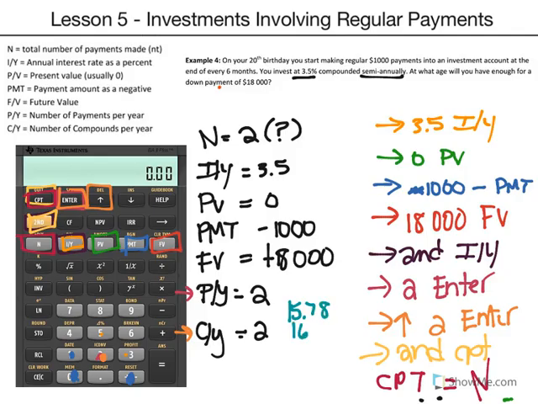So roughly 16. And what that means is we've made 16 payments. And we know that we're making 2 payments per year, so we're going to take that number and divide by 2. So that means it's going to take 8 years for this to happen. It's your 20th birthday, so you will be 28 when you have $18,000.